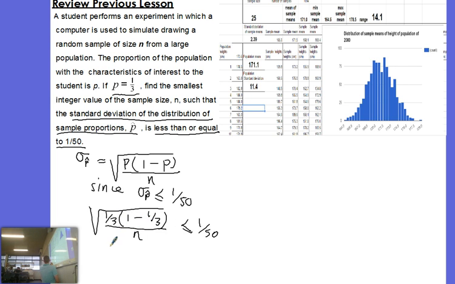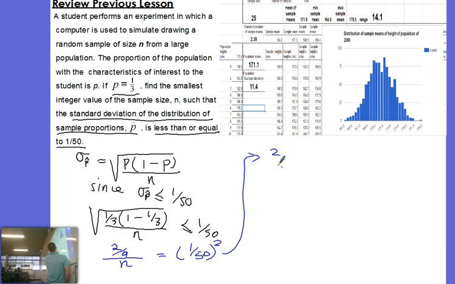So a third times 2/3 is 2 on 9, divided by n. And we're squaring our 50th. So 2 on 9.